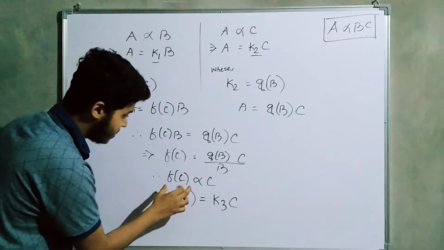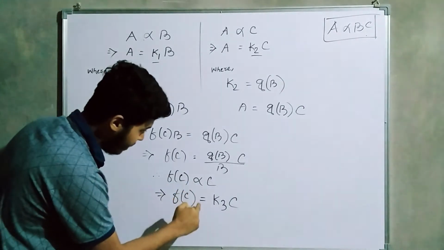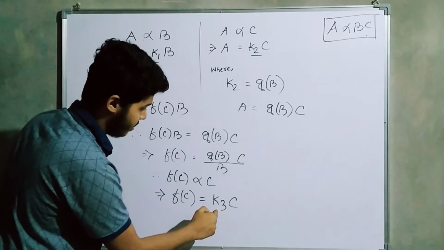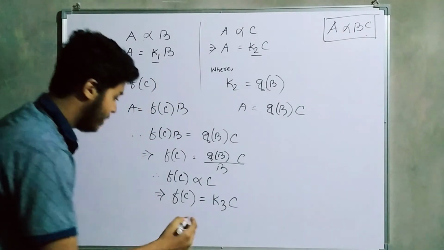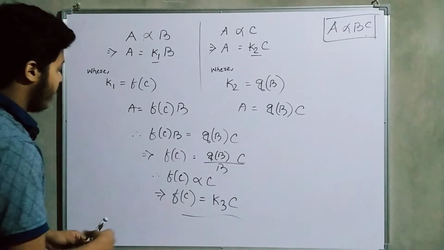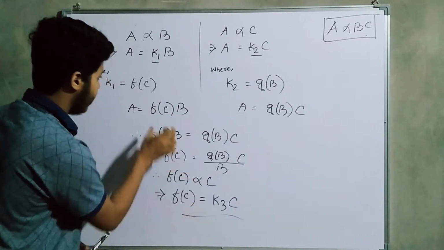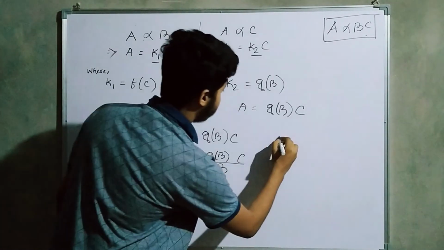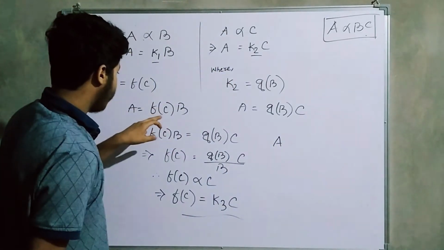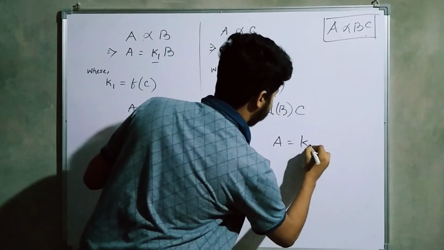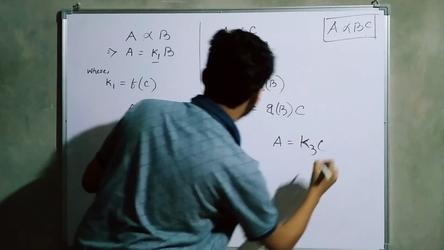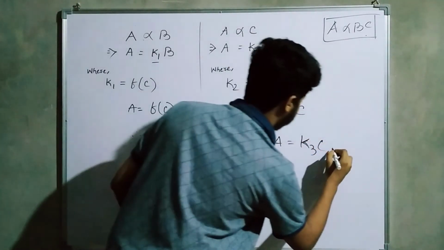So from this I can say f of C is equal to another constant K3 times the quantity C. Now I'm almost done. I'm just going to put the value of f of C here. So A equals f of C, which is K3 times C, times B.